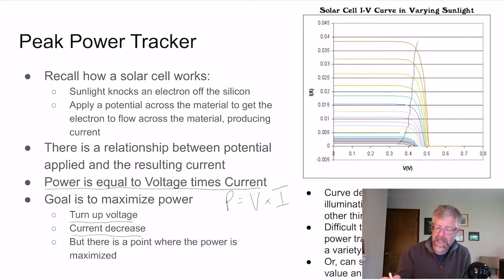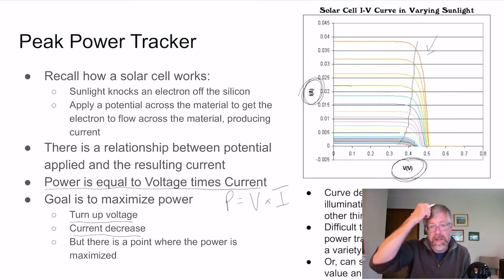If you look at this plot over here, you have voltage plotted against current. This is a solar cell, and let's say that you're sitting on this line. This line is very dependent on temperature, on angle of incidence of the sunlight, on cloudiness in the sky, and lots and lots of different things.